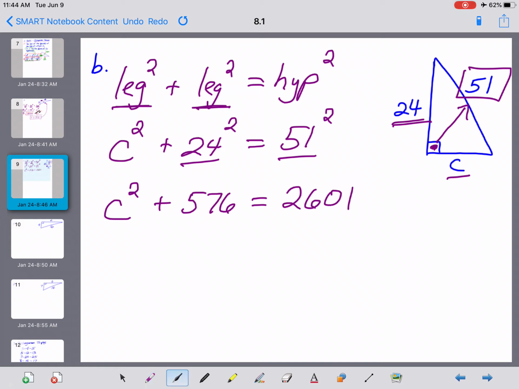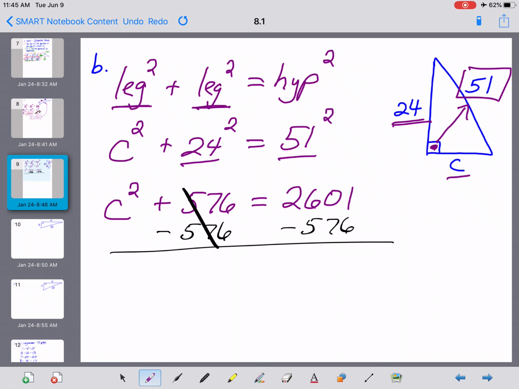Okay, now to get our variable by itself, the first thing we have to do is get rid of that 576, which we'll do by subtracting it from both sides. Minus 576 here and here. Those two cancel, and we end up now with c squared equals, and 2601 minus 576 is going to get us 2025 for the right-hand side.